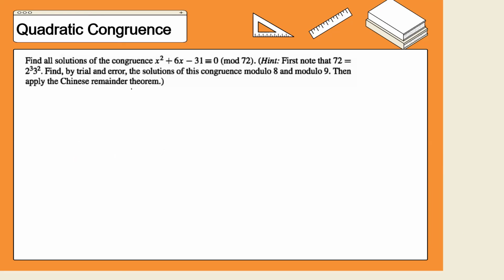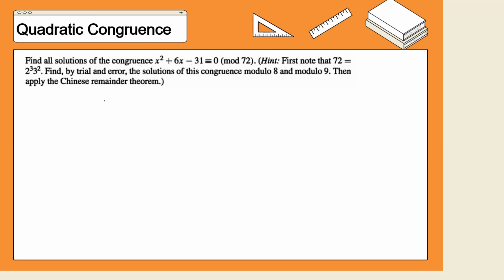We still have... Oh, okay. Yang ini, ya, for this one, the idea is that if you have a quadratic congruence, let's say modulo 72, there's a hint in that. Note that 72 is 2 raised to 3 times 3 raised to 2. By trial and error, the solution to this congruence will be modulo 8 and modulo 9.